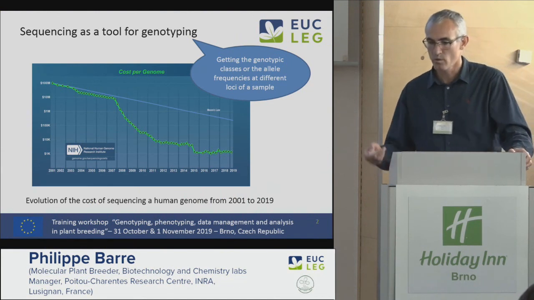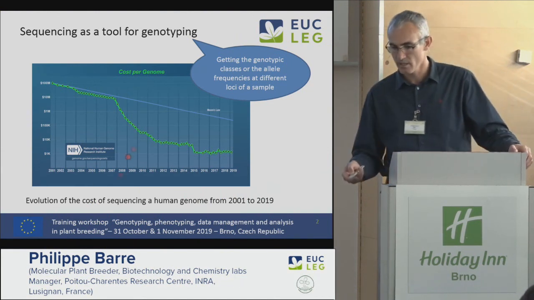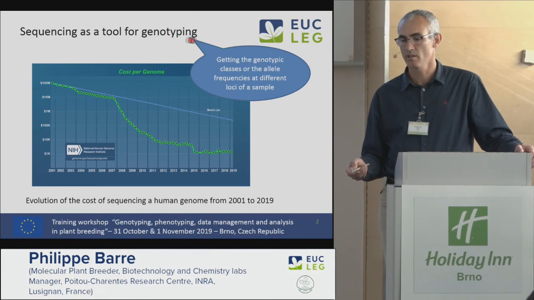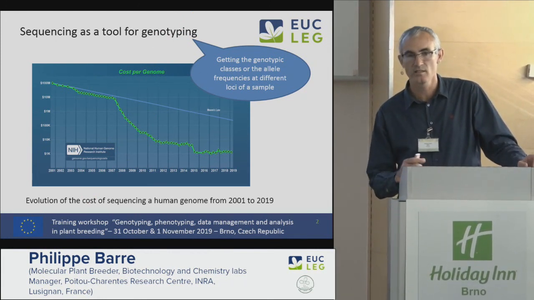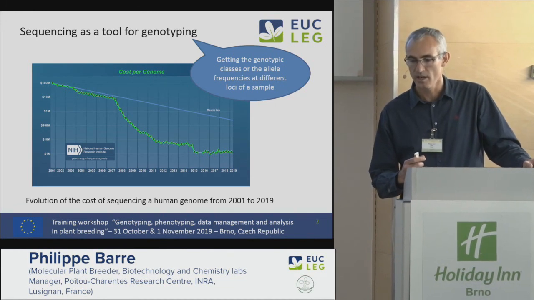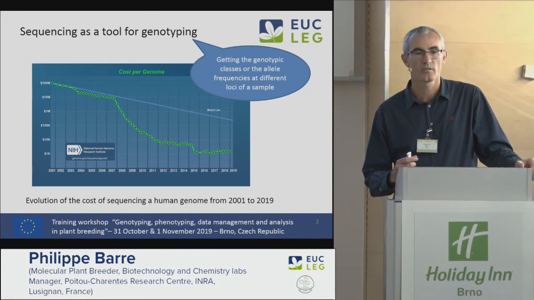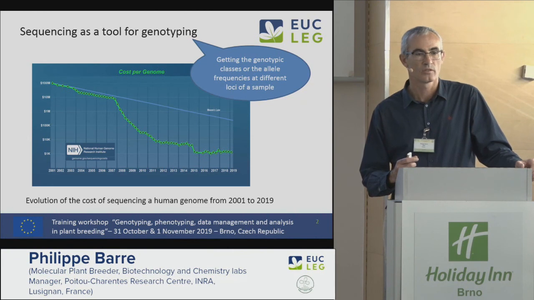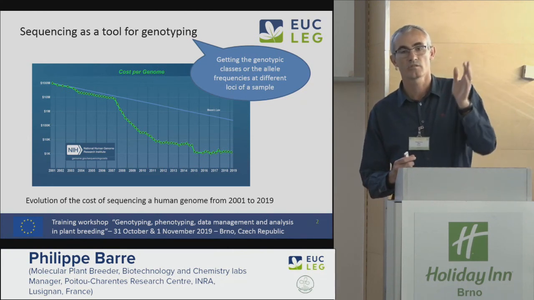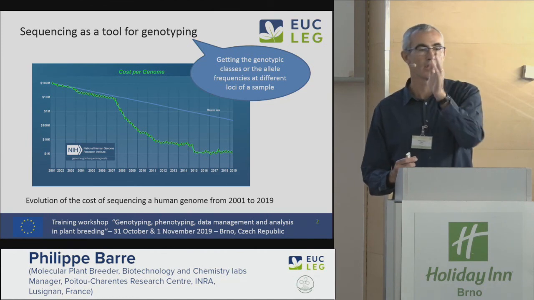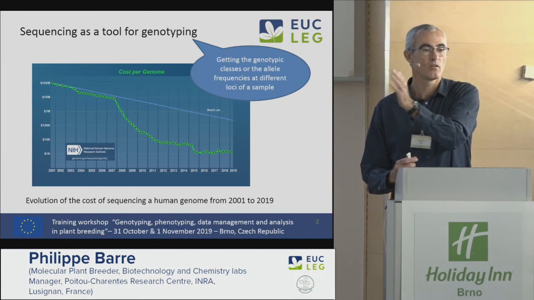So first, what I mean by genotyping. It's getting the genotypic classes or the allele frequencies at different loci of a sample. If you have a locus, you want to know either if it's AA, for example, or AB or BB.